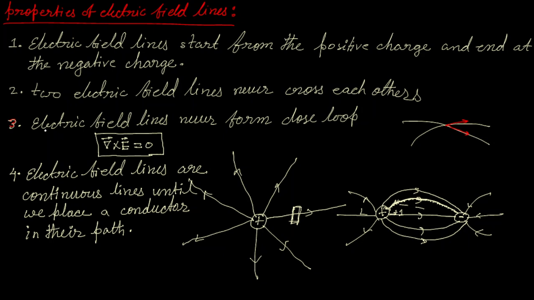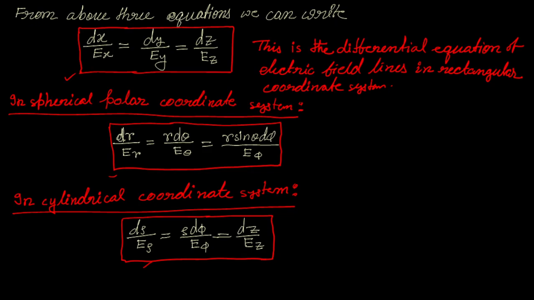So far we have learned the definition of electric field lines, their mathematical representation, and how to draw the electric field lines practically. Mathematically, if we want to write the equation from the differential equations, we can calculate the equations of electric field lines associated with different charges.